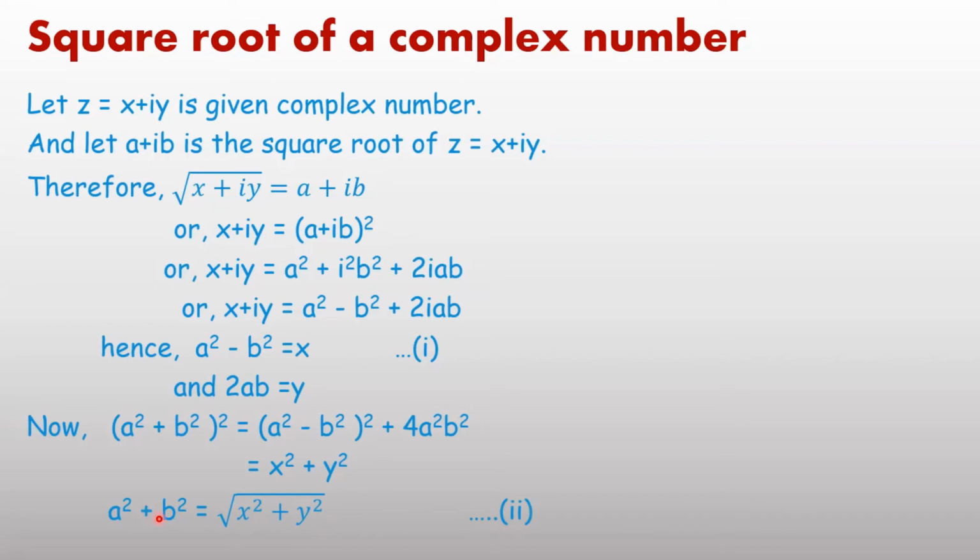Therefore, a square plus b square we can write as under root x square plus y square. This is equation second. Now solve first and second to find the values of a and b. Step first: by adding first and second, we can find the value of a square.